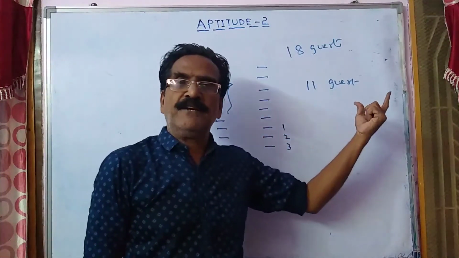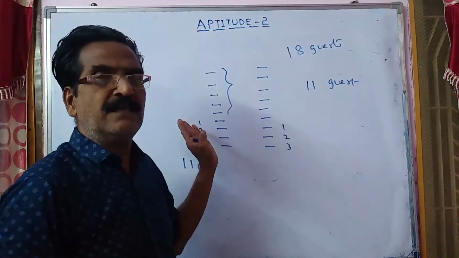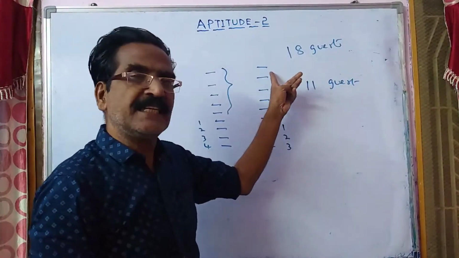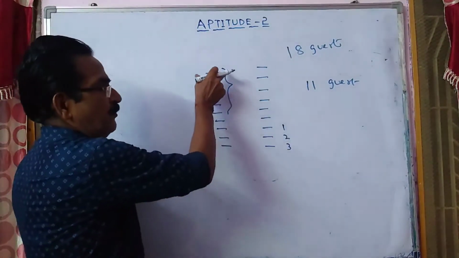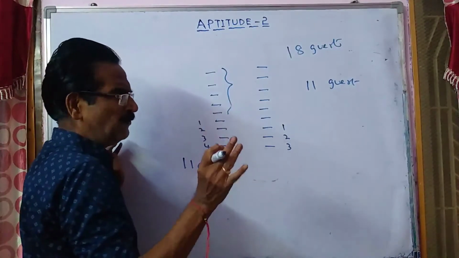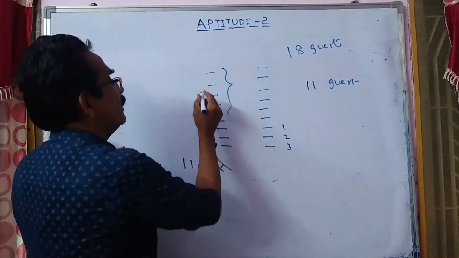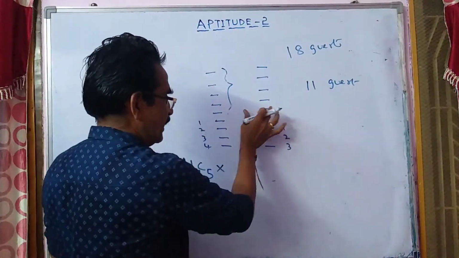If you select 5 guests to be seated on this side, automatically the remaining 6 guests will be seated on the right side. So you have to select only 5 guests from these 11, that is possible in 11C5. So those 5 guests are seated here, the remaining 6 guests are seated here.